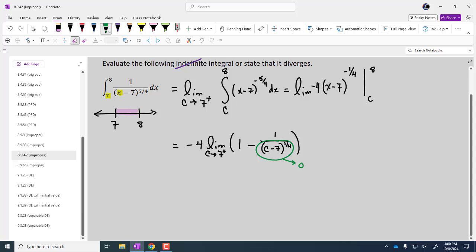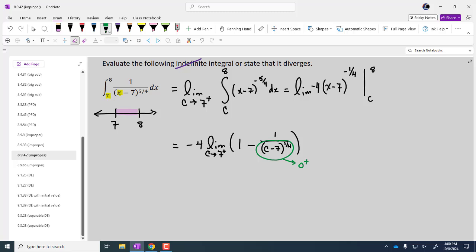And it's going to 0, but it's always positive. So it's going to 0 from the right. Everyone okay with that? It's always positive, so it's getting smaller and smaller and smaller, but it's positive always.